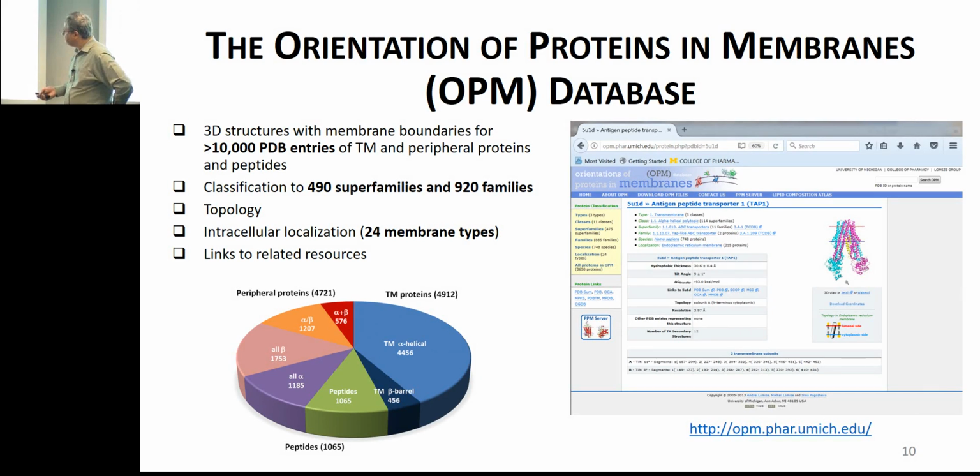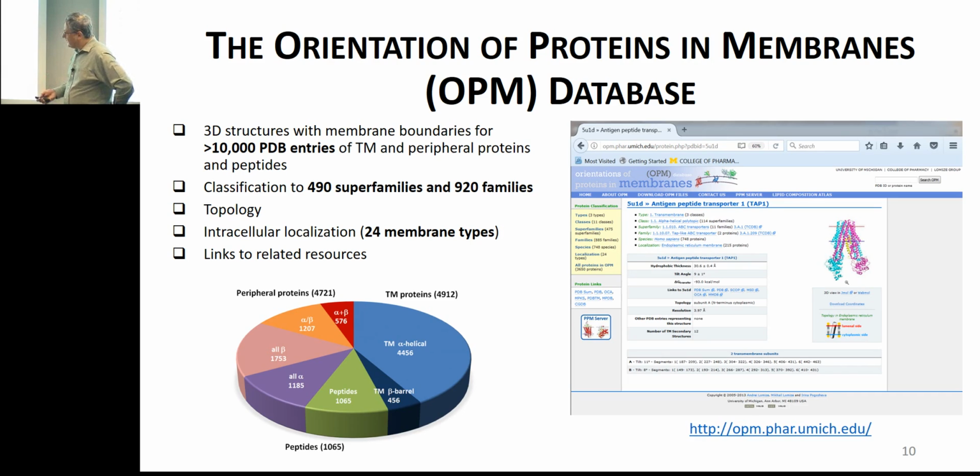So in our OPM database, we have put the results of calculations. It includes 10,000 PDB entries, and these proteins are also classified into different classes, superfamilies and families. There are maybe around 1,000 different families and 500 superfamilies. It also provides topology and intracellular localization, so you can actually browse proteins based on localization, species, families, and so on.